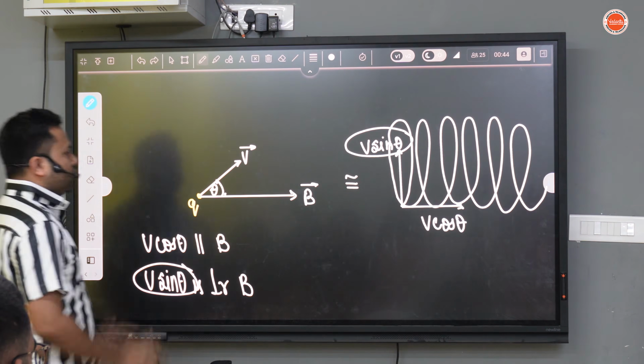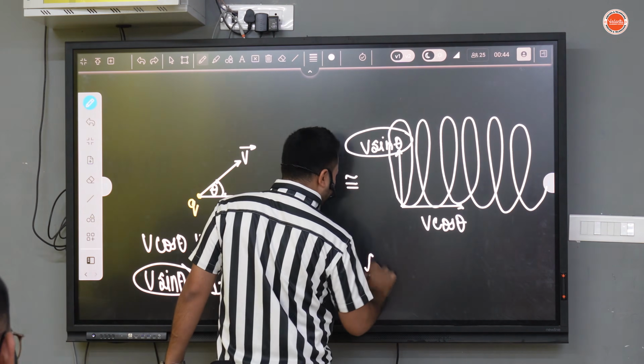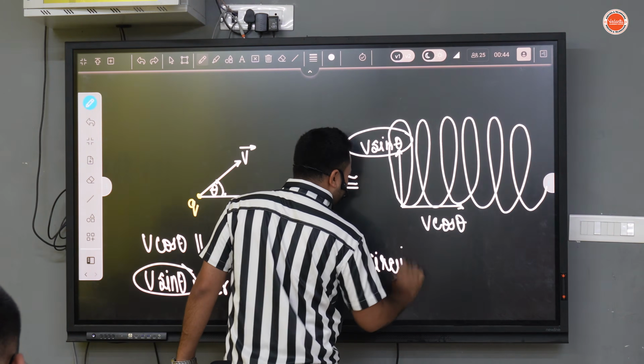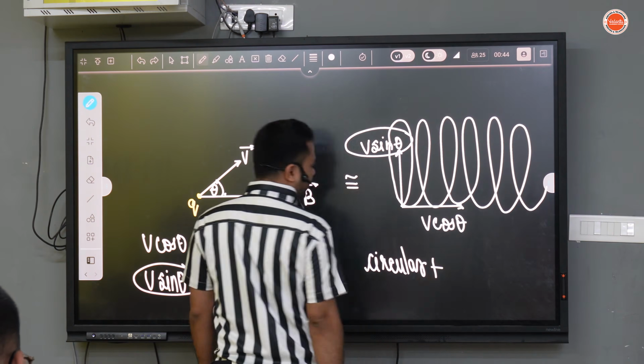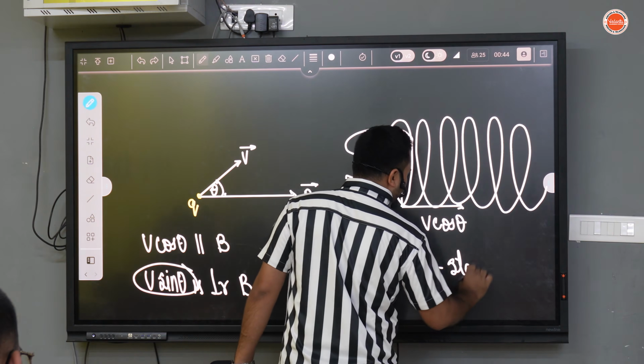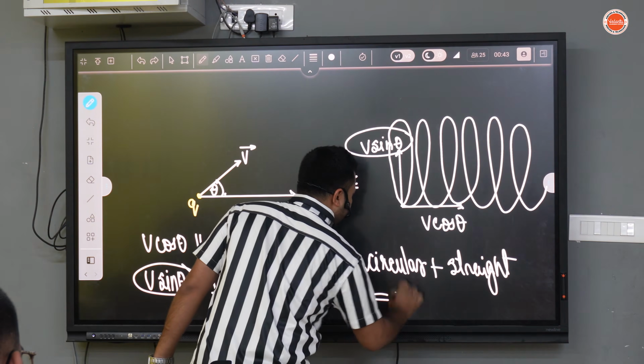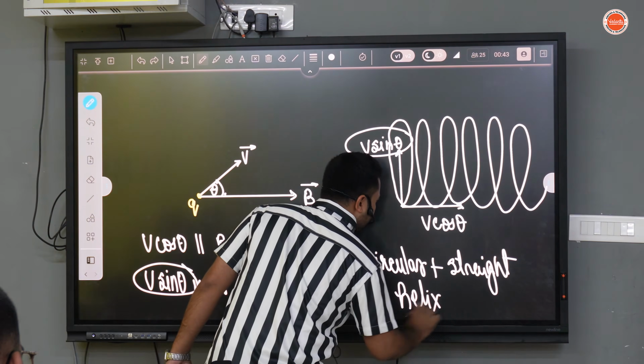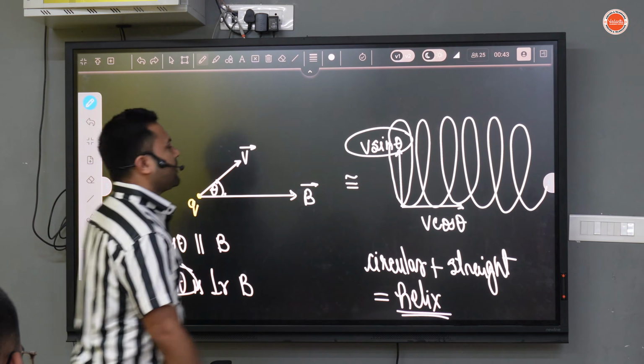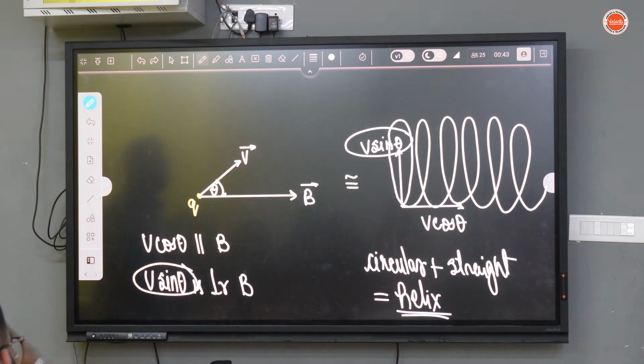Fine. So here we get circular plus straight line, which we can call helix. Correct? So write it down.